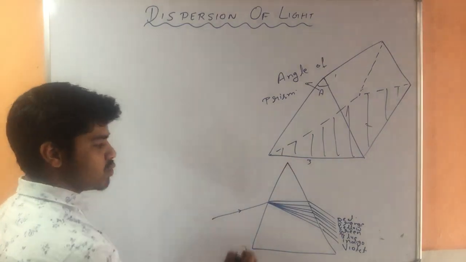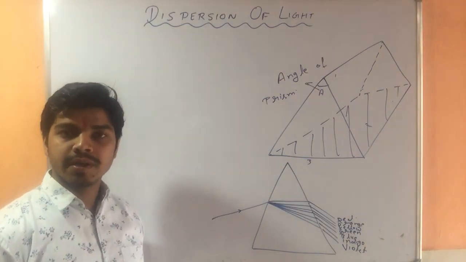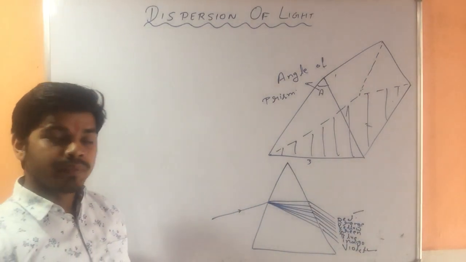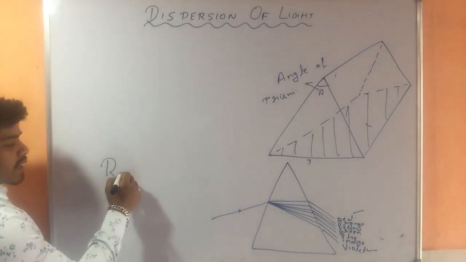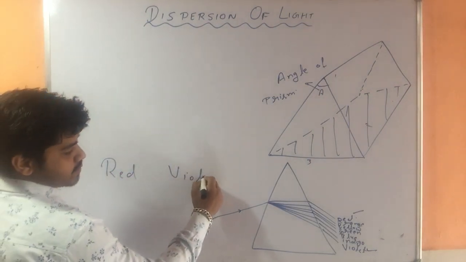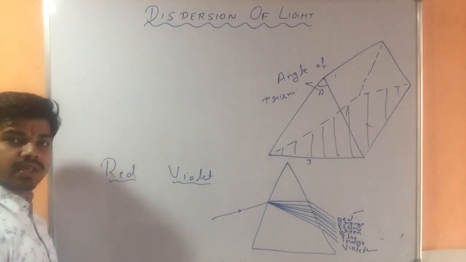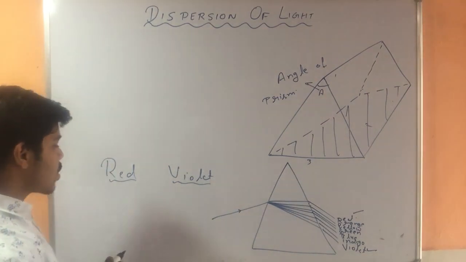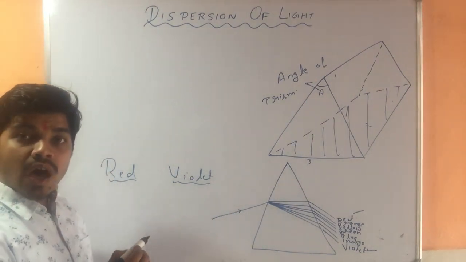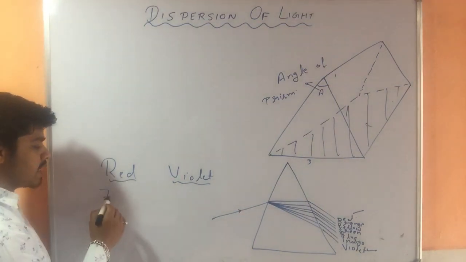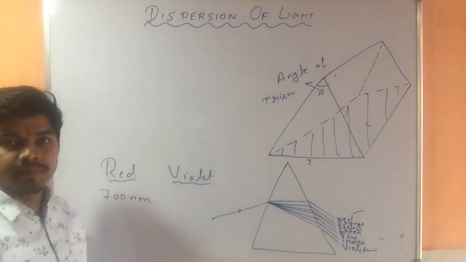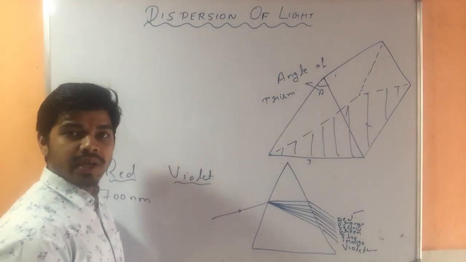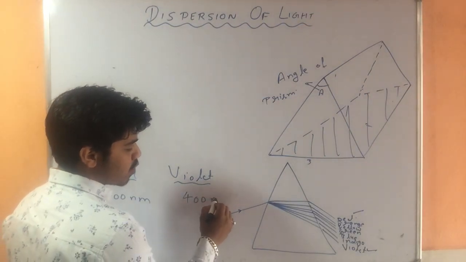So students, to study the dispersion pattern, we have to study two extreme colors initially. One is red and the other is violet. Why are these two colors the extreme parts of our spectrum pattern? Because red has the largest wavelength, which is about 700 nanometer, and violet has the lowest wavelength, which is about 400 nanometer.